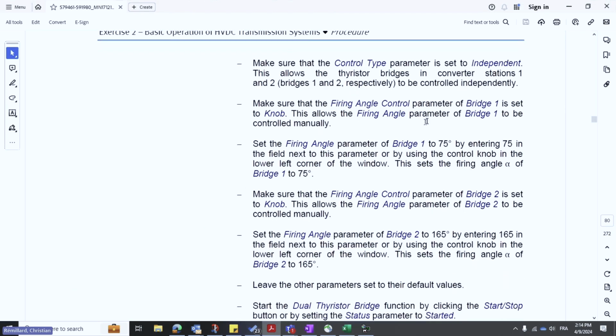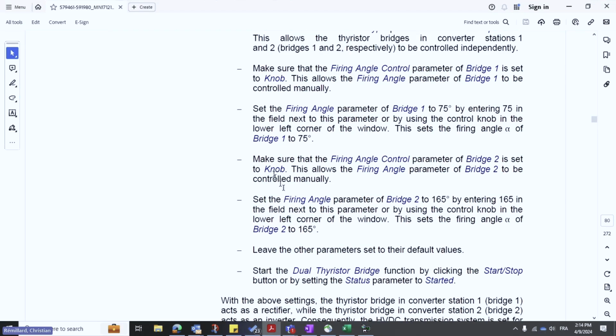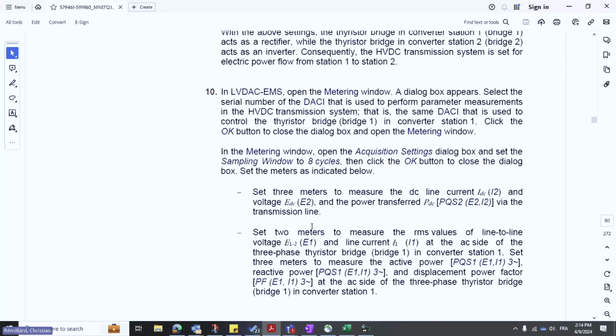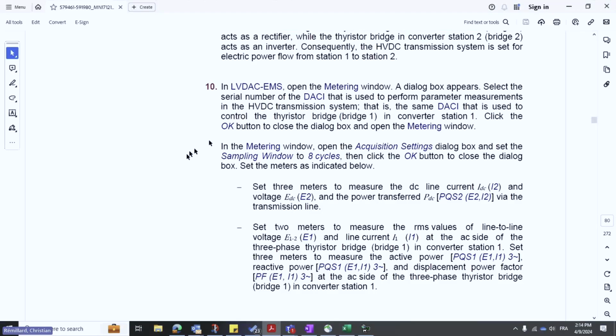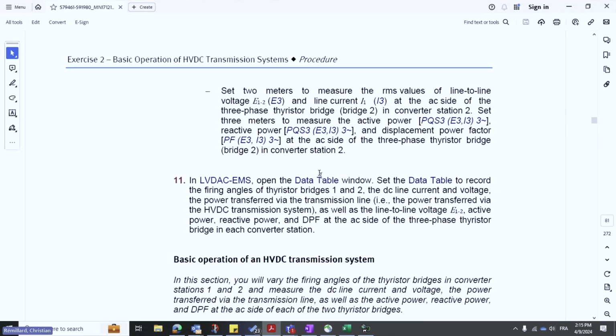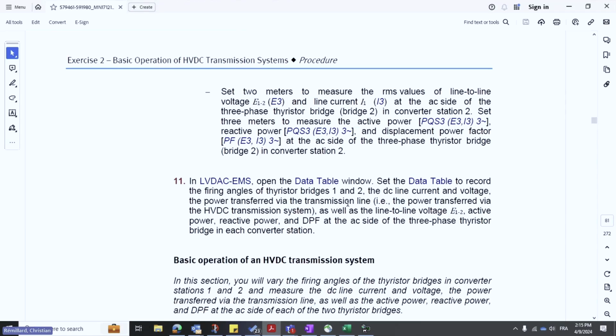So the firing angle of bridge 1 controlled by the knob and set at 75 degrees, the control angle of bridge 2 controlled by the knob and set initially at 165. And then also to set up the metering window to measure the AC and DC voltages throughout the system, as well as the currents and the power, active and reactive power, and the power factor on both bridges also. And finally, configure the data table to record all of these parameters.